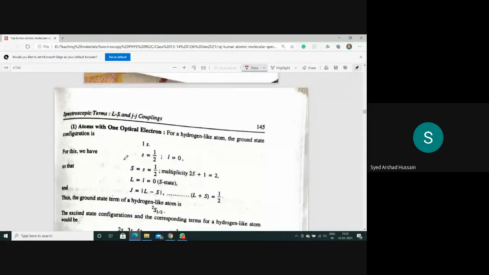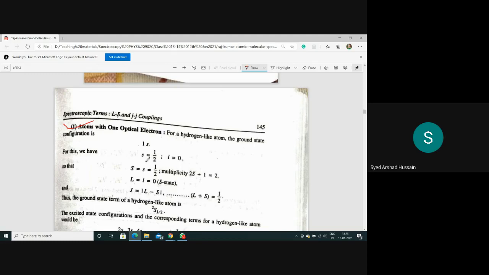So, let us consider the first simple case. There will be two systems: one is non-equivalent systems and another is equivalent systems. So we have to analyze these two systems separately.